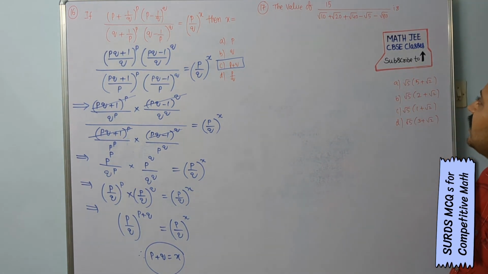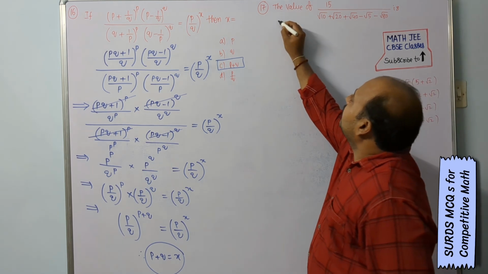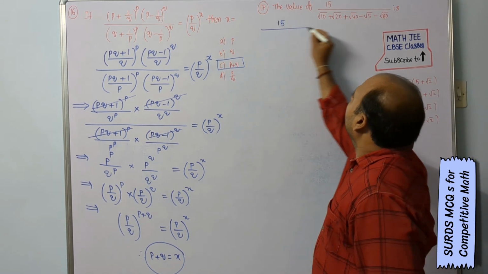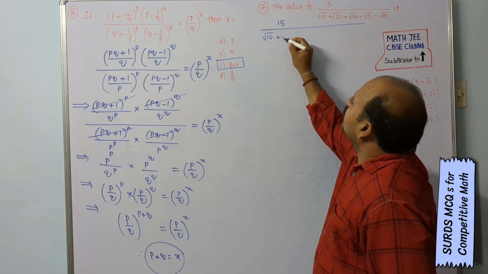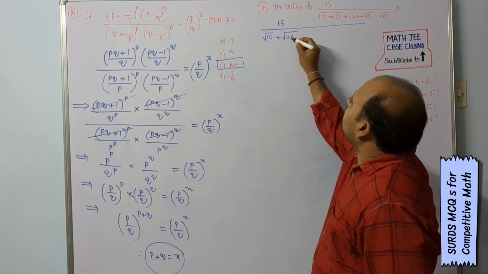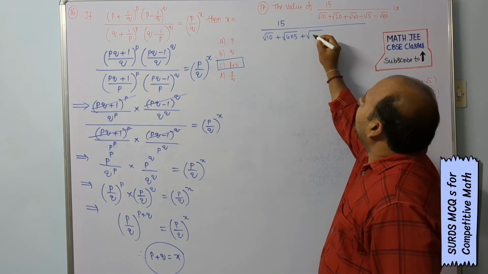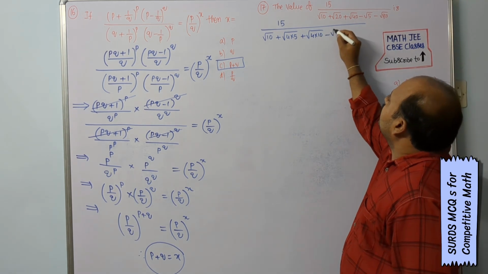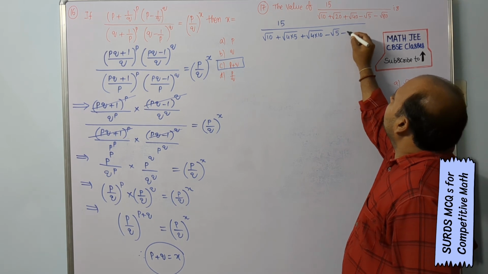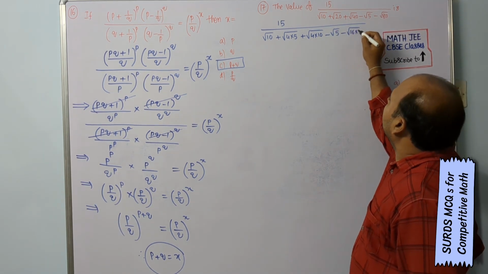Just a simplification. So the value of 15 divided by root 10 plus root 20 can be written as root of 4 times 5, plus root 40 can be written as root of 4 into 10, minus root 5, minus root 80 can be written as root of 16 into 5.